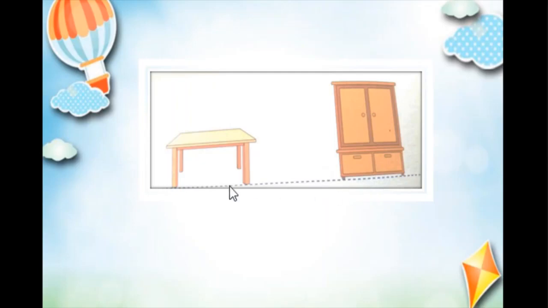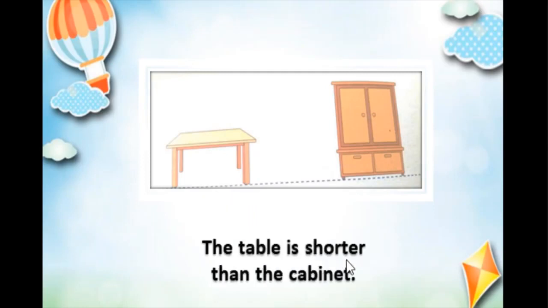Okay, very good. We can say that the table is shorter than the cabinet. That gives us the idea that the cabinet is taller than the table.